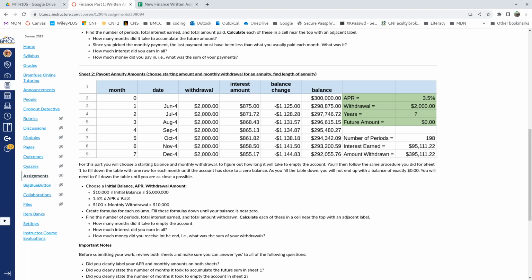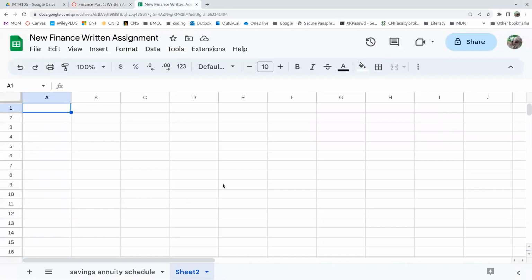So this is, again, what we call a payout annuity, and it's like a retirement fund. So in my spreadsheet, like before, I want a month column, and I want a date column, and a payment column. I want to calculate the interest accumulated each month. So interest amount. And I want to see how the balance is changing.